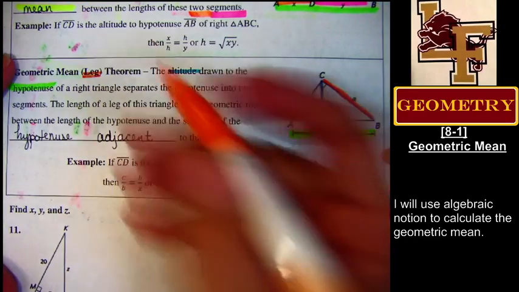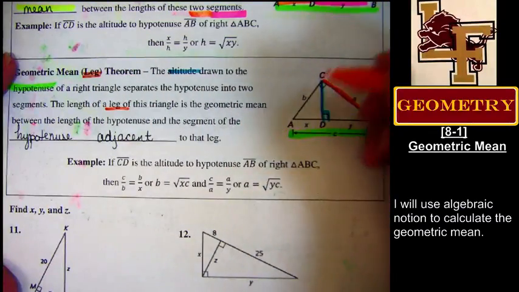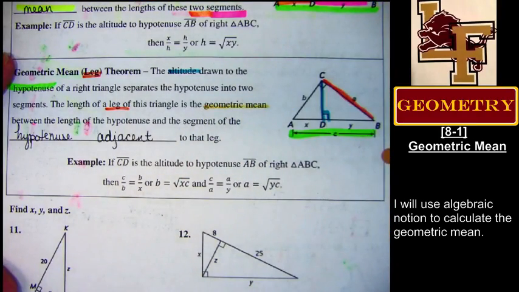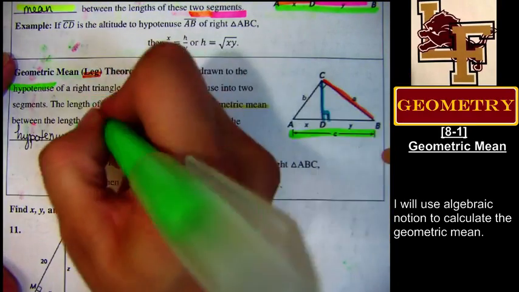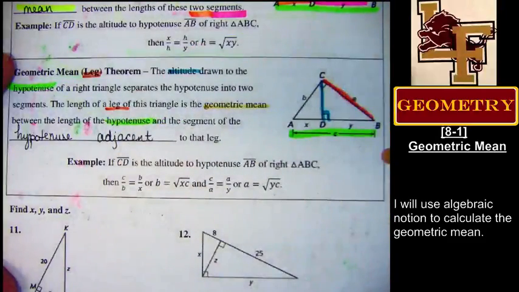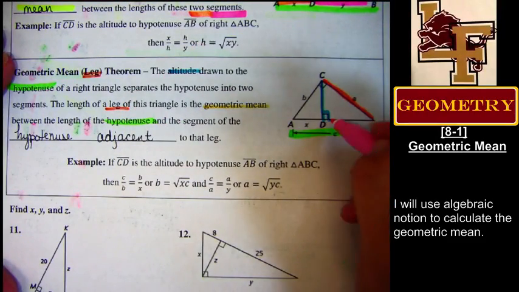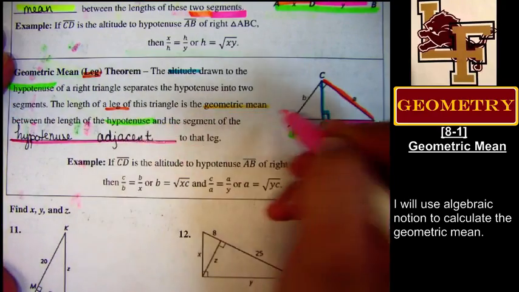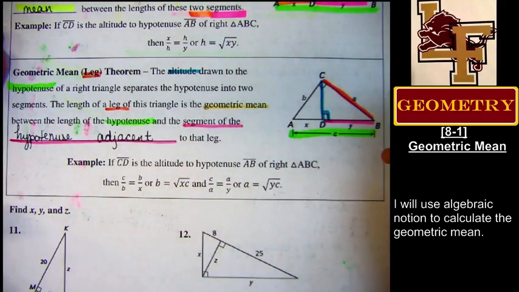The length of the leg of this right triangle is the geometric mean between the length of the hypotenuse and the piece of the hypotenuse that's closest to the leg that we're looking at.